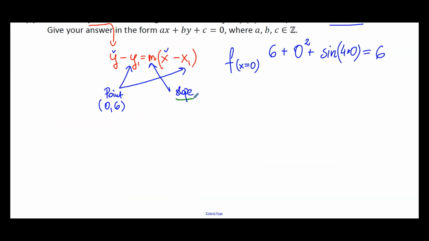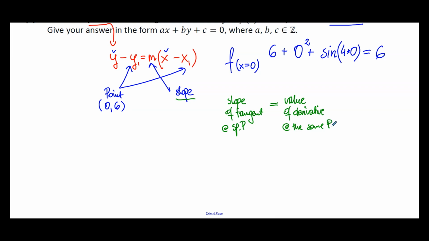That's when that knowledge comes in. The knowledge that we very often apply in calculus questions is the fact that the slope of a tangent at a specific point is equal to the value of the derivative at the same point, because it has to be the same place.